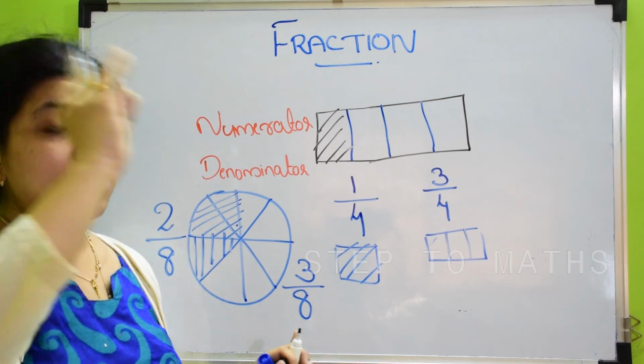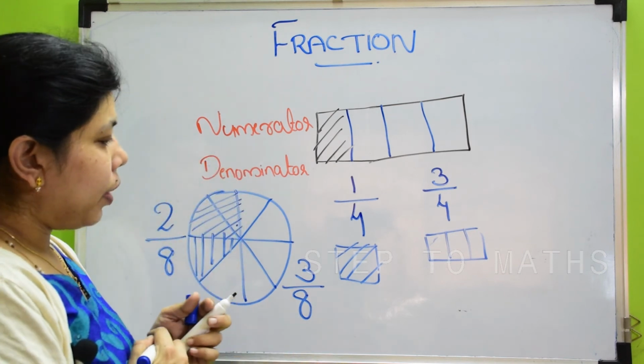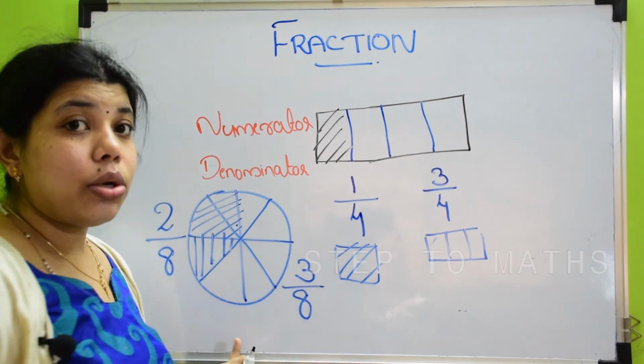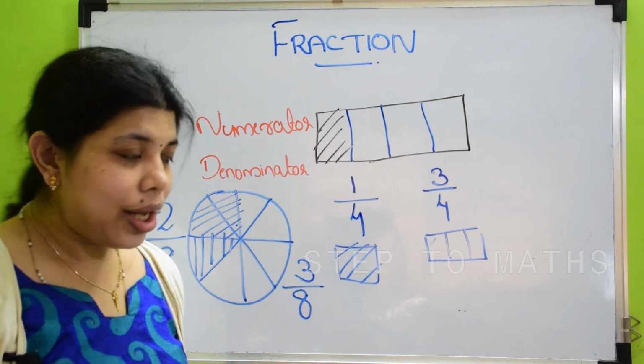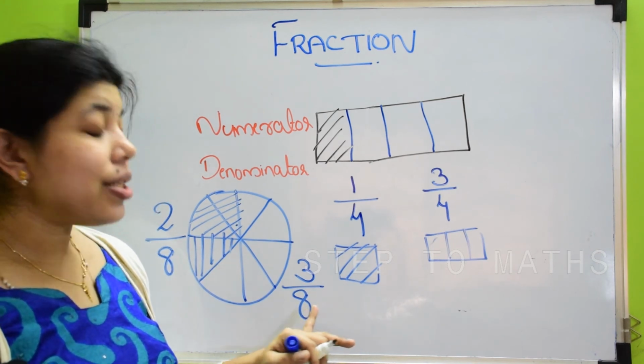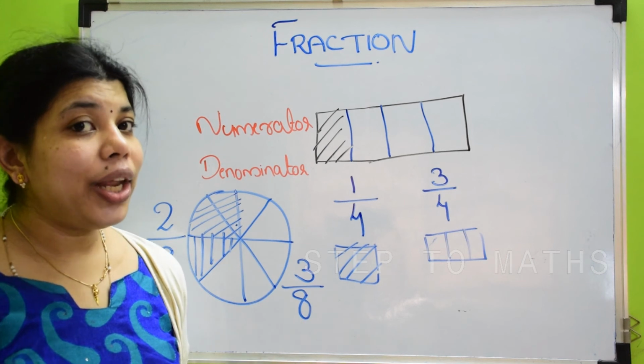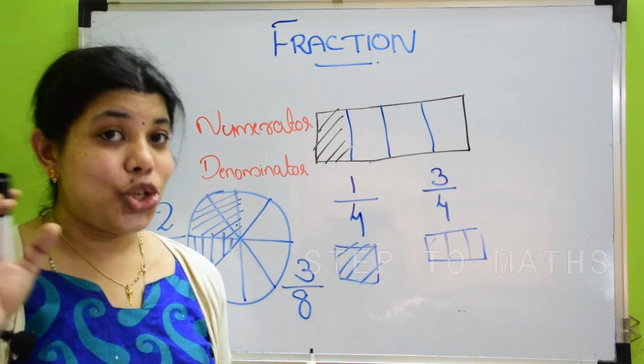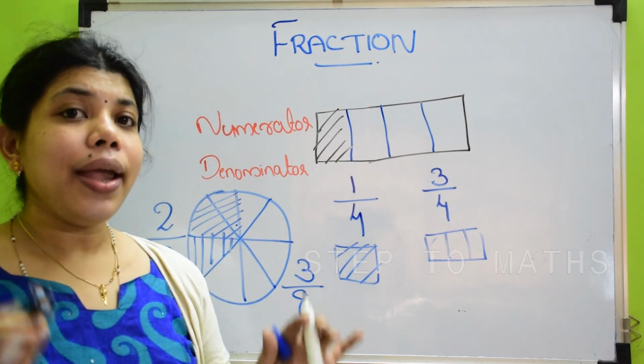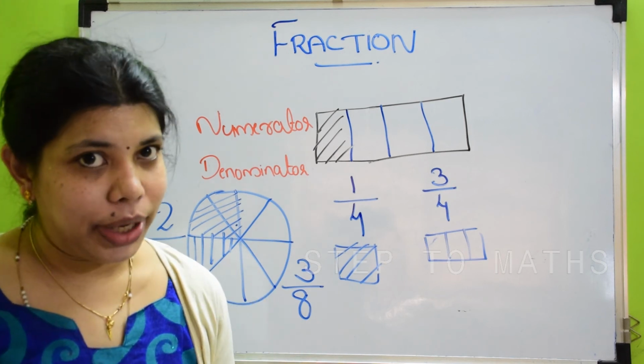The number above the line is known as the numerator. The number below the line is known as the denominator. The denominator indicates the total number of parts available.